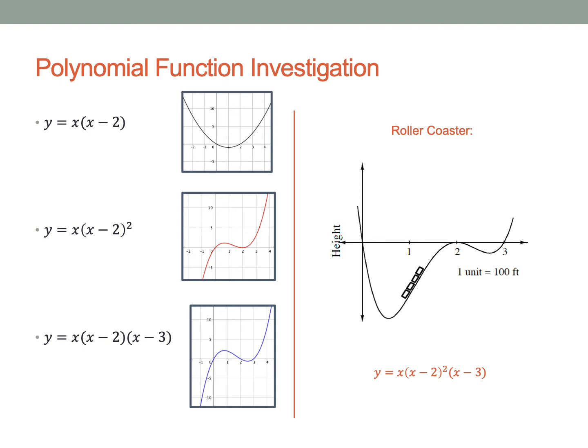Now it's important, and we'll talk about this in the next couple of slides. When you have these factors, it tells you what the x-intercepts are, and then if the factor is repeated, if you notice in the second graph on the left, y equals x times x minus 2 squared, the graph hits 2, but it bounces back up, right?